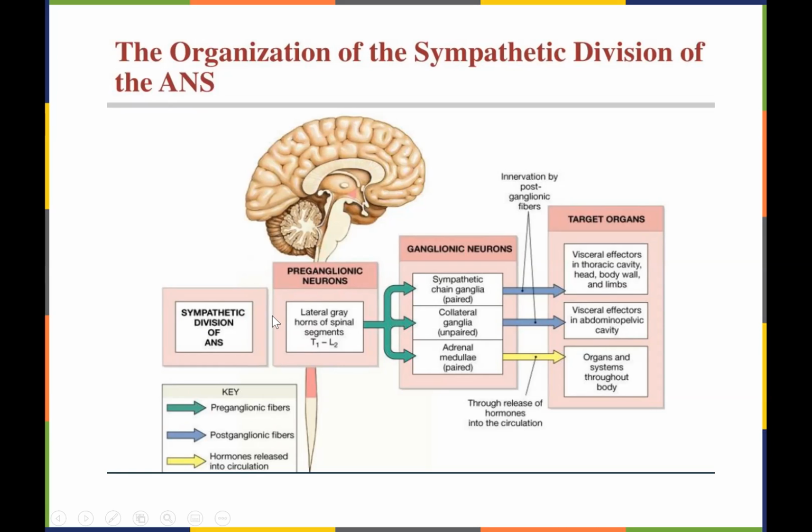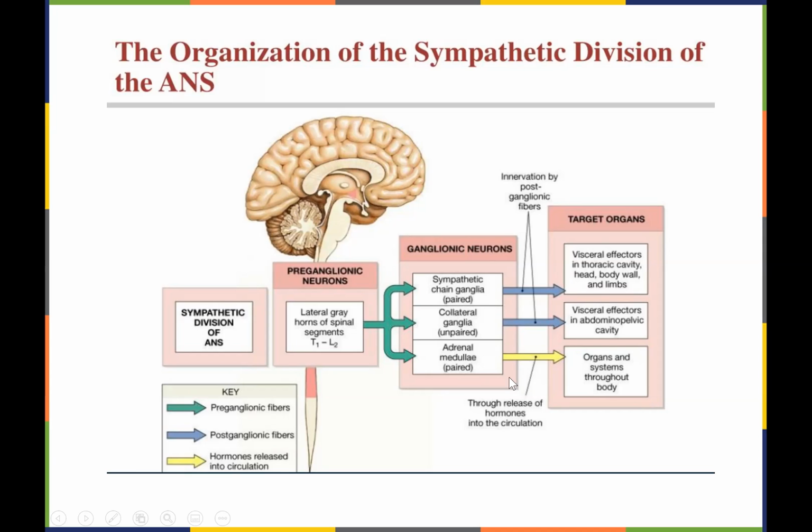And then we saw there is a ganglion. The neuron before the ganglion is called preganglionic neuron. The neuron after the ganglia is called postganglionic neuron. The preganglionic neuron is usually very short. It's a neuron or fiber, 2 words for it. It's short, whereas the postganglionic neuron is long.